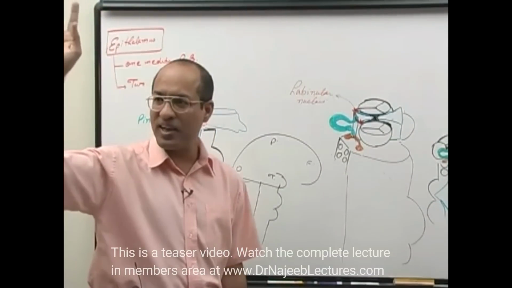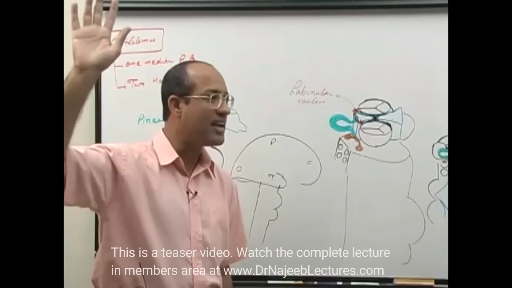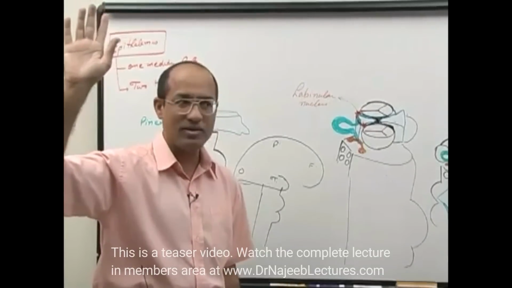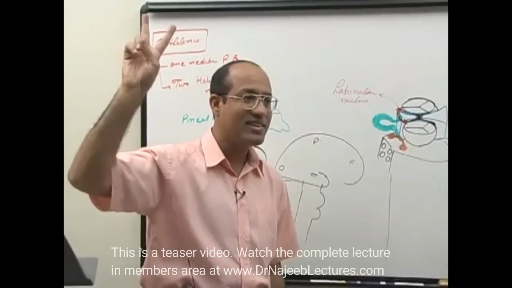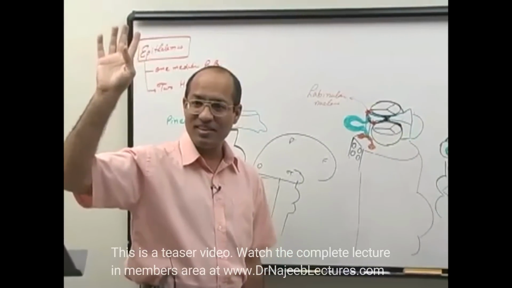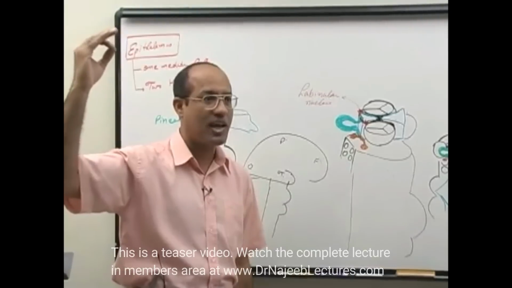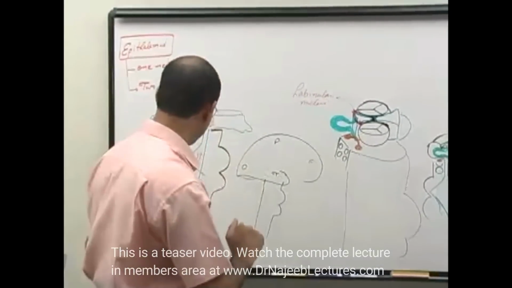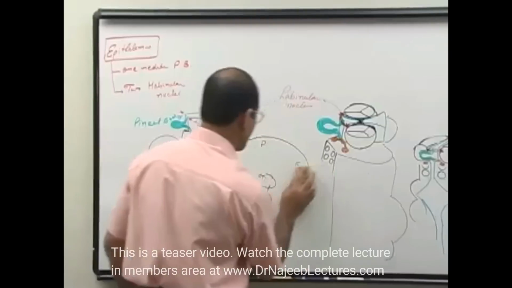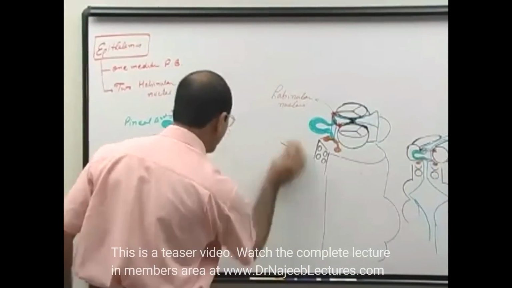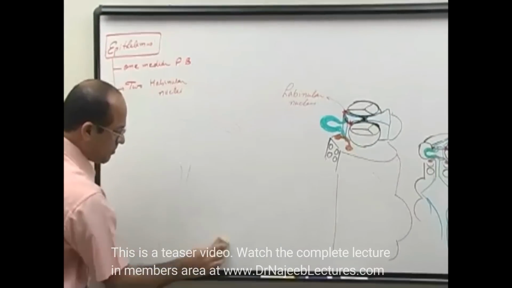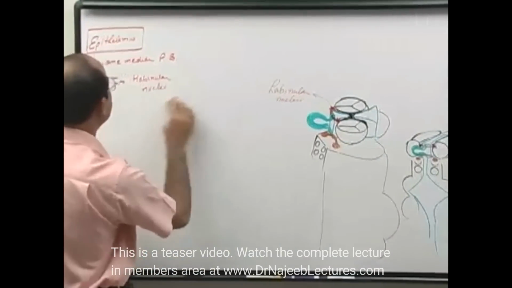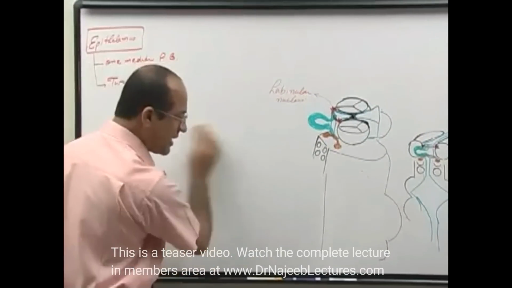I feel only my hand is high. Okay, there's a lady with one hand and all other people have two hands. Where is exactly hypothalamus? Okay, I will tell you. It's my turn. I will develop now the intimate anatomical relationship between different structures of diencephalon.